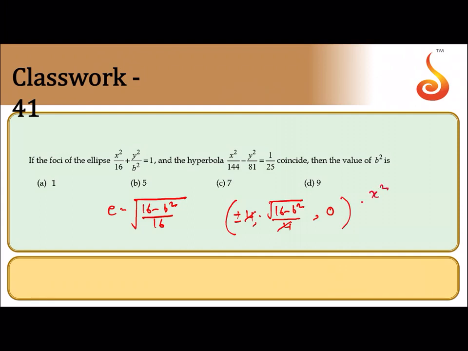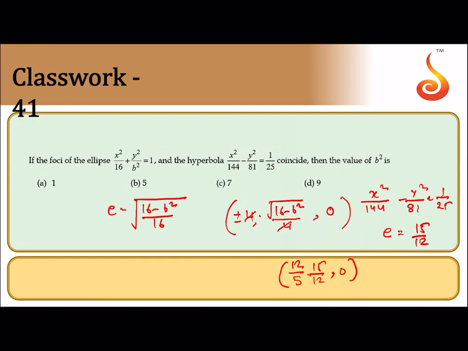And this foci coincides with the hyperbola foci. So you have to calculate for the hyperbola. This can be written as x square by 144 by 25 minus y square by 81 by 25 equal to 1. Eccentricity will give you 15 by 12.